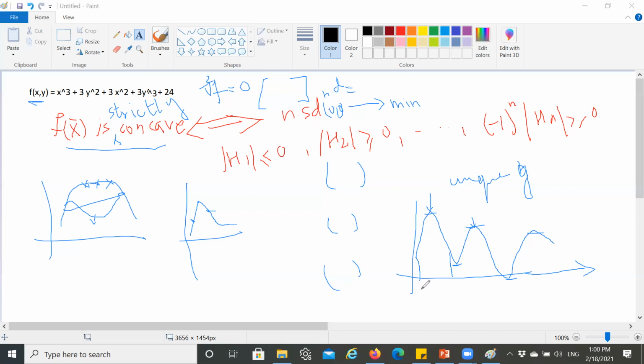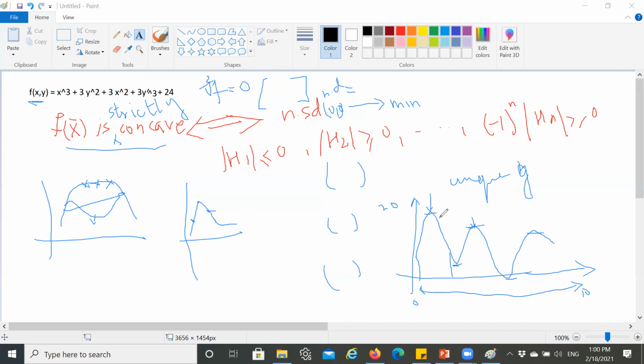It depends on the interval of your function, within what values of x and y. For example, x goes from 0 to 10, y goes from 0 to 20. In this given region, you tell me what is the local or global minimum. You will definitely get these points.